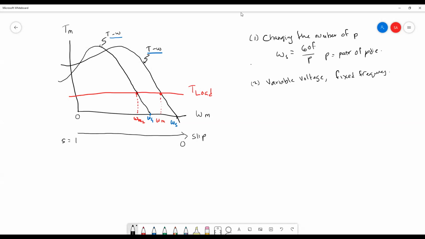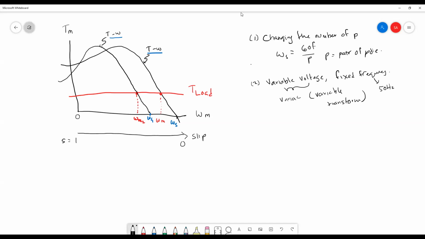If you have been to the machines lab where you are required to have a variable speed of the motor, what you have done is change the voltage input from 240 volt to 100 volt and so on. This is possible by using a variable transformer, but the frequency is fixed to the TNB supply frequency, which is 50 Hertz.